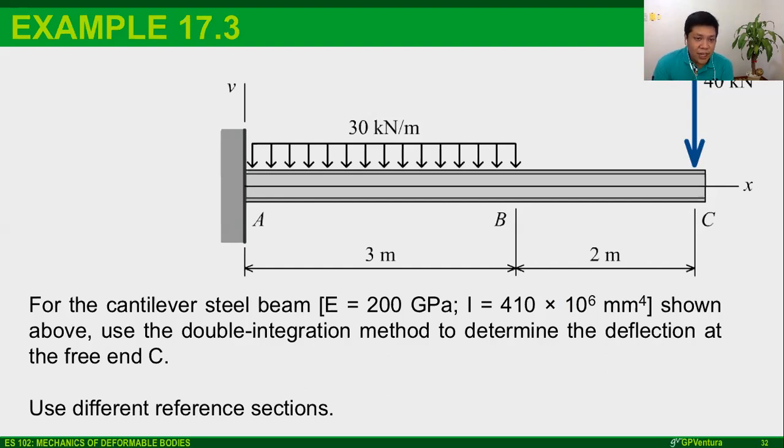Meaning, I'll transfer the origins and I'll transfer the positive directions. Are we clear? At this point in time, kindly get a copy of this example. Have a snapshot of this example while I transfer and solve.